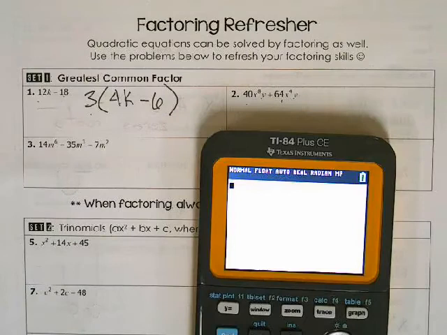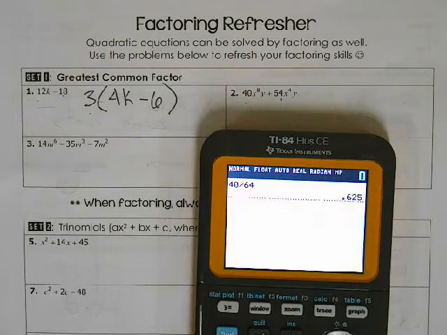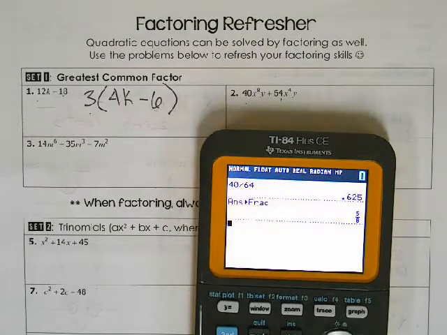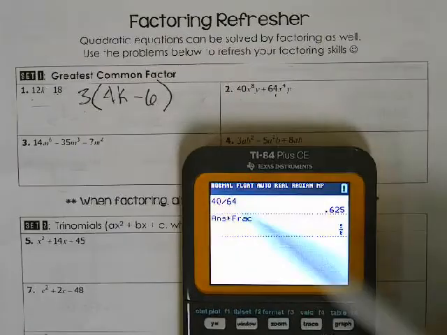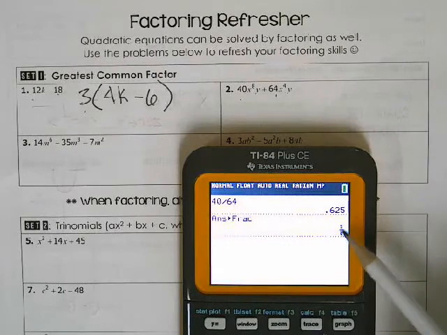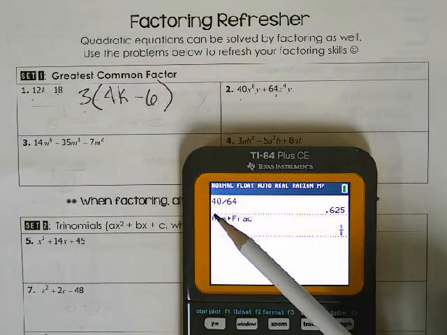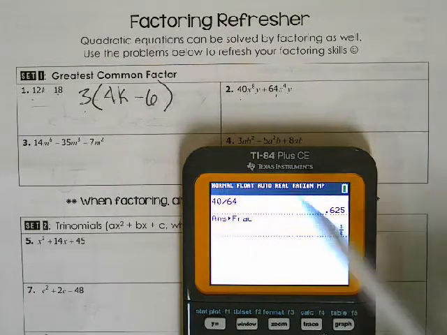If I have both the coefficients of 40 and 64, and I turn them into a fraction and simplify that fraction, math, enter, enter, 5 over 8. Okay? So if 40 over 64 reduces to 5 over 8, what is the greatest common factor for both? 5 times what value is 40? 8. 8 times what value is 64?